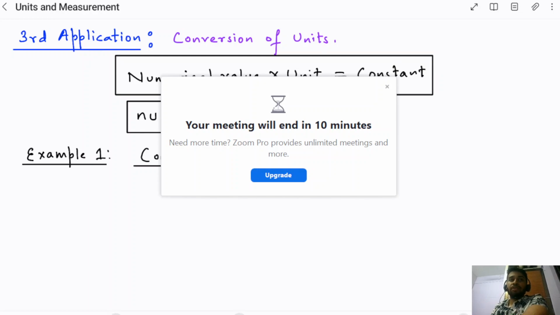In this particular example, we are converting joule to CGS unit. We know that joule is the SI unit for work or energy, so we can take the dimensional formula for either work or energy. The dimensional formula for work, as we know, is M L square T minus 2.